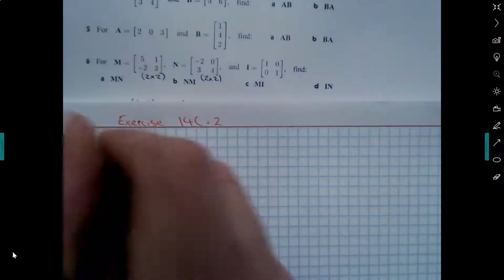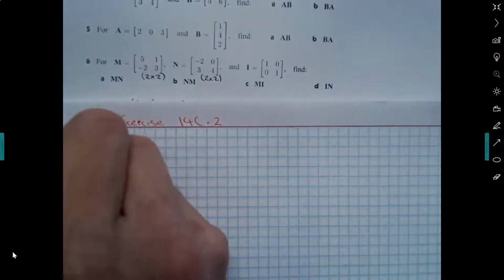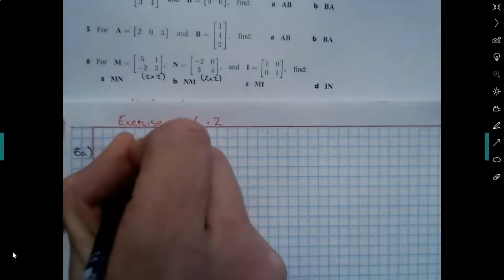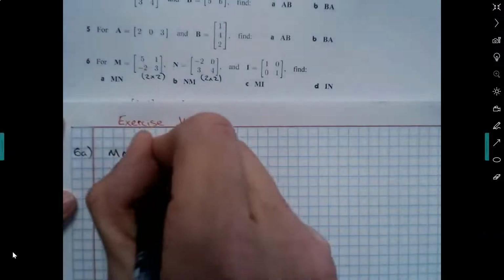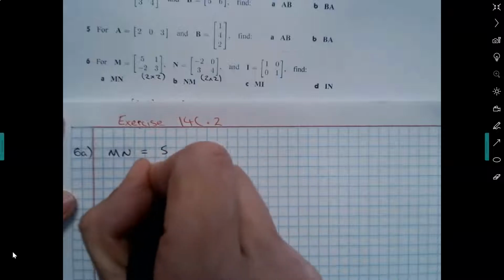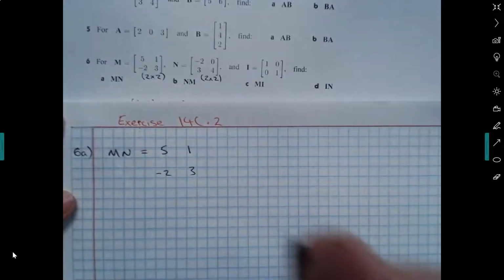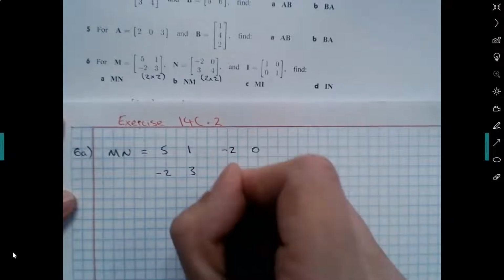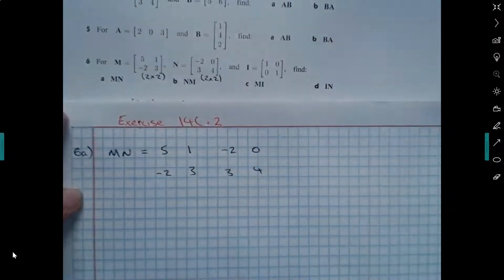So this is question 6a, and we're doing Mn. M is 5, 1, negative 2, 3. And N is negative 2, 0, 3, 4.